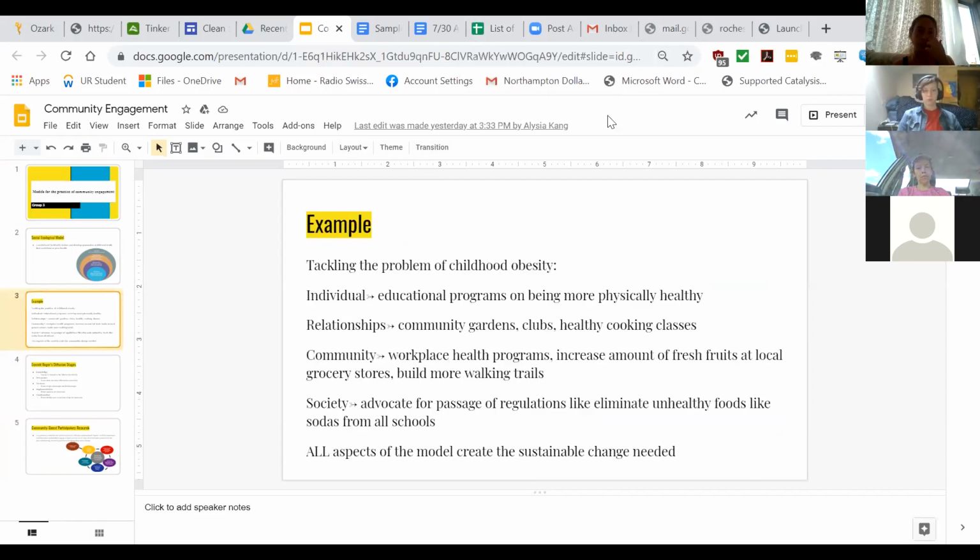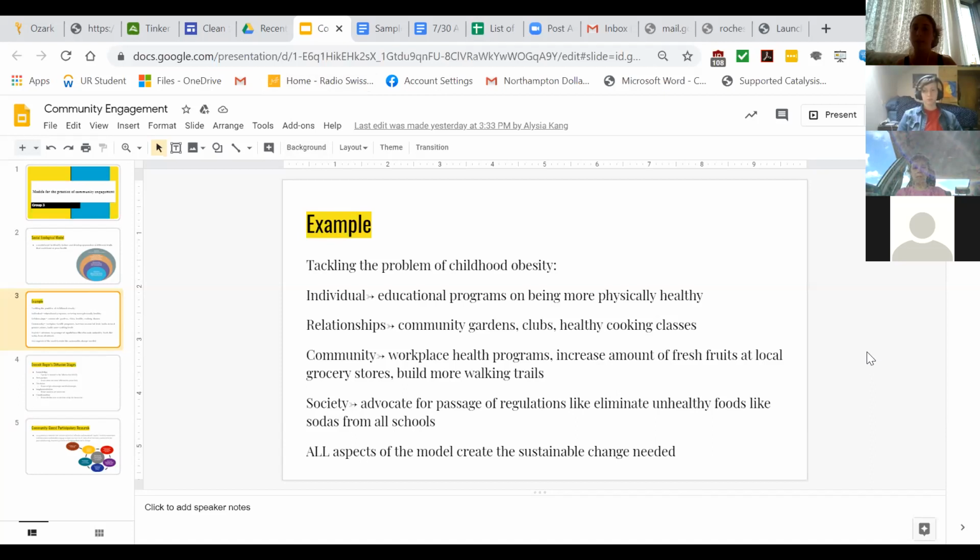So here, this is about the social ecological model where there's 4 steps: individual, relationship, community, and society. And this is basically talking about how problems like racism, human rights, childhood obesity, etc., any problem is perceived differently at different levels of a community.